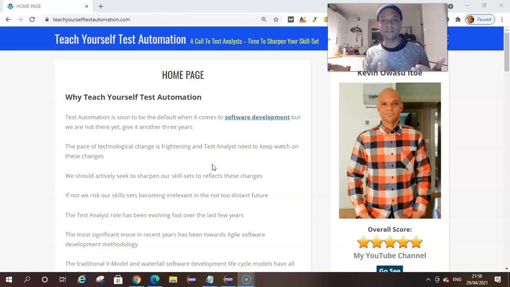I think it'll be quite fast, but we are talking about years, because right now Selenium is the most widely used web application automation tool. But I see Cypress catching on, and probably Cypress will be the one for the future. So that is why I want to move towards that and learn that.